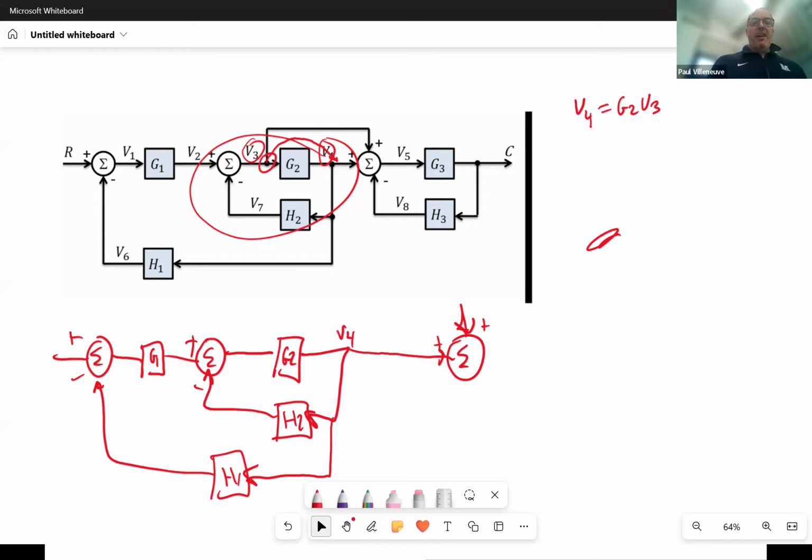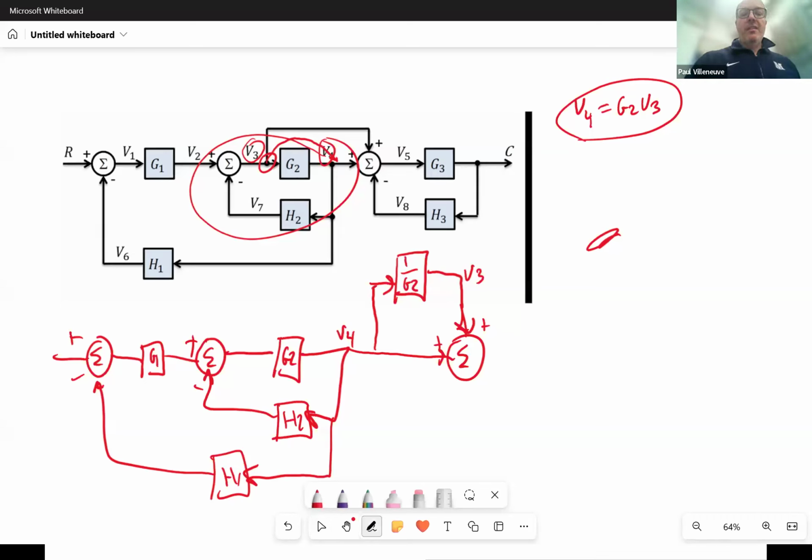And if I want to move my pickoff point, I want this to be V3. So what do I need to multiply to get that to be V3? Coming in as V4, coming out as V3. Here's my equation. What would you go ahead and multiply V4 by to get to V3? 1 over G2, right? Because V3 equals V4 divided by G2, correct?